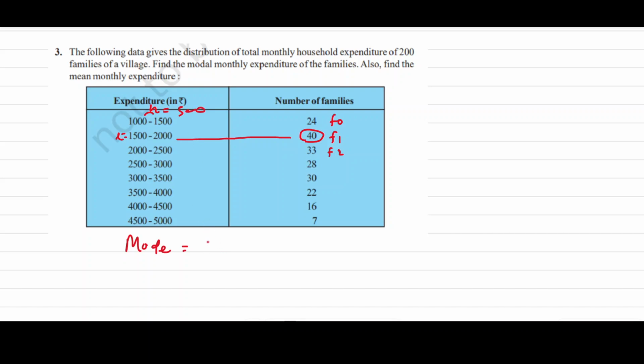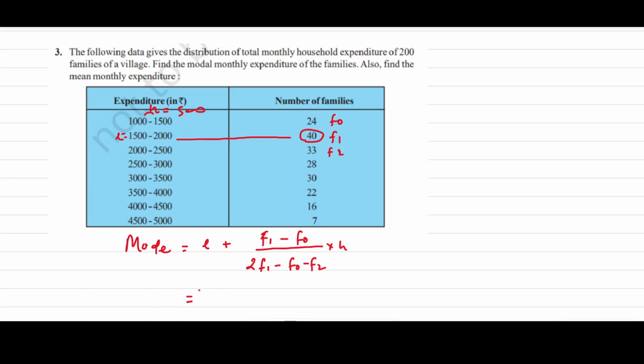Now put in the values according to the formula, L plus (F1 minus F0) into H over (2F1 minus F0 minus F2).